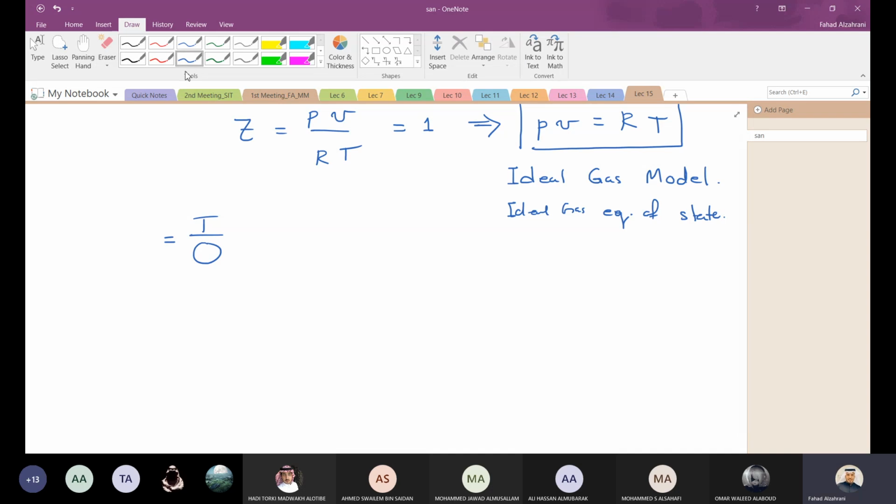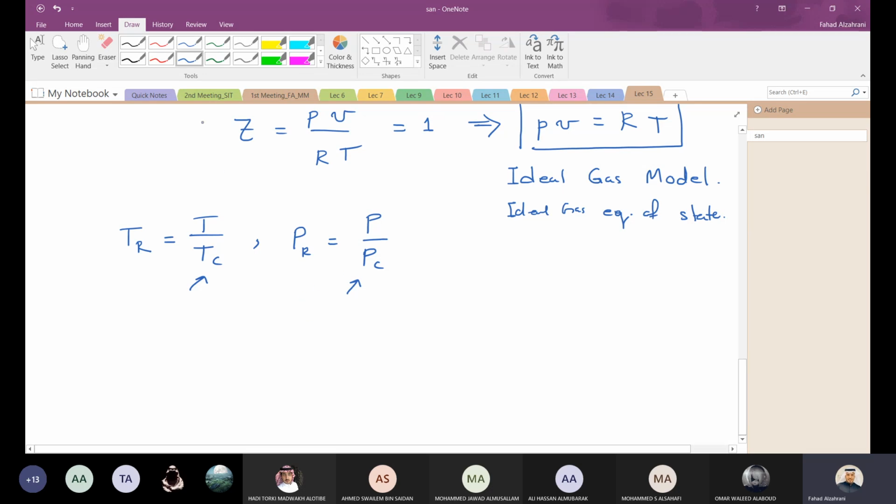In this case, they said let me not plot the temperature and pressure and volume, let us plot what we call the reduced temperature, TR. What about the pressure? I will divide the pressure by the critical pressure. Here I divide the temperature by what? By the critical temperature. The pressure I divide by the critical pressure.